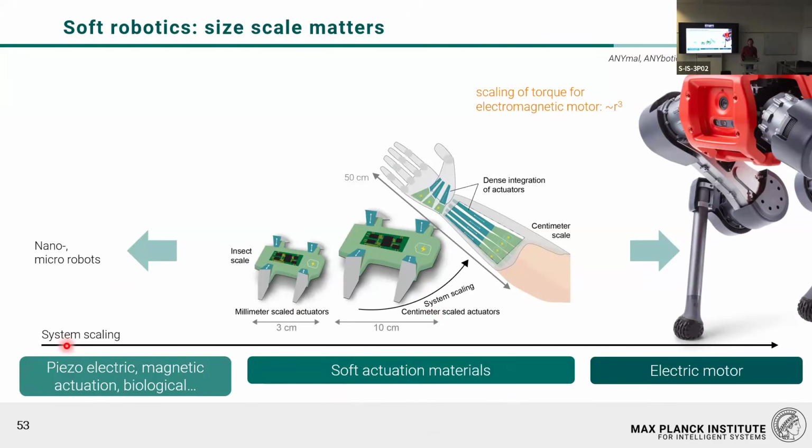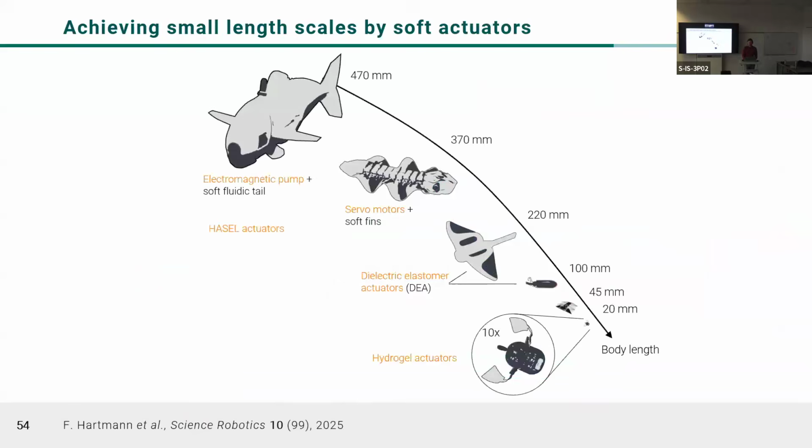If we then go to much smaller scales, there you might find other concepts. Maybe you use some more biological muscles or magnetic actuation, piezoelectric actuation. But here in this middle regime, it could be very interesting to use soft actuators.